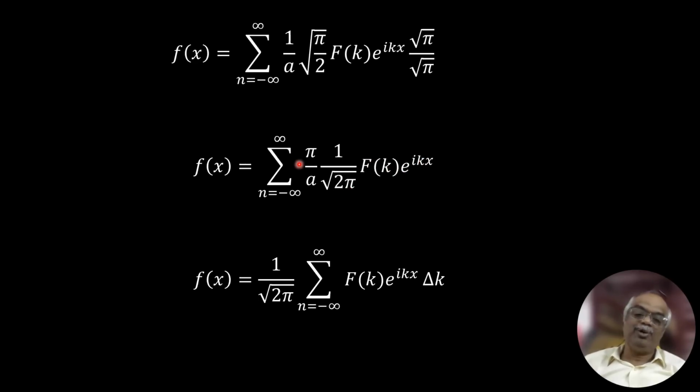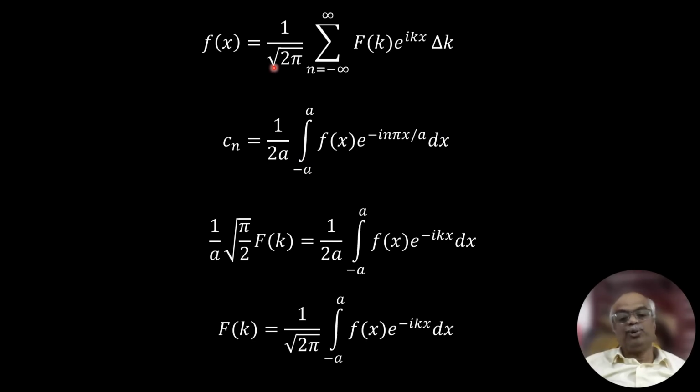And just now we have seen pi by a is nothing but delta k. I have replaced pi by a by delta k. So this is f of x is equal to 1 over square root of 2 pi summation over minus infinite to plus infinite f of k e power i kx delta k.